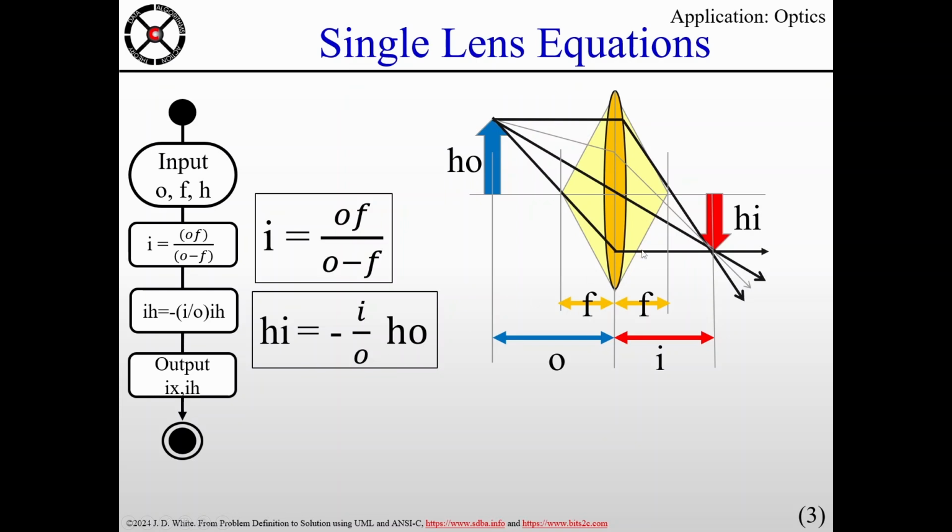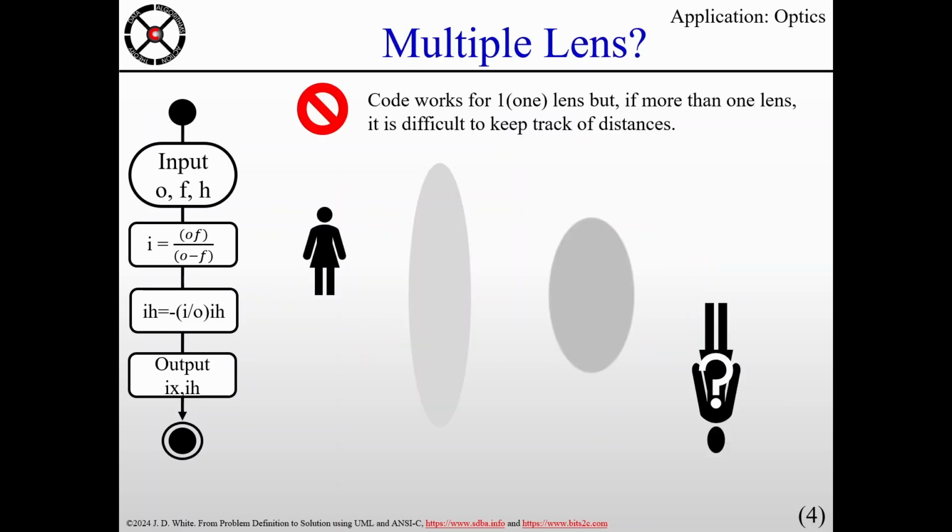Now that works very nicely for a single lens with the object on the left side, the image on the right side. Okay, but what happens if we have multiple lenses? It's going to be very difficult to keep track of where I and O and everything is going to be.